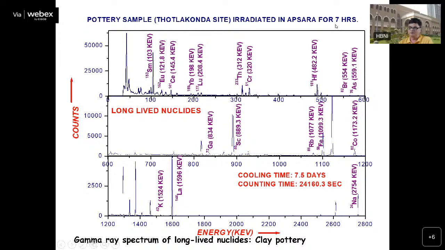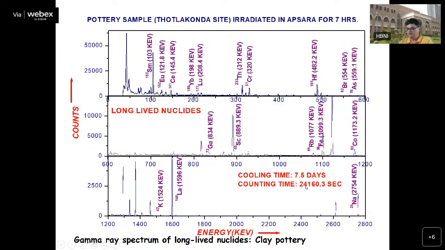This is our old Apsara reactor, where we have a neutron flux of about 10 to the power 12 neutrons per square centimeter per second. After the 7-hour irradiation, the samples were cooled for 7.5 days, and then we did the counting for 24,160 seconds.